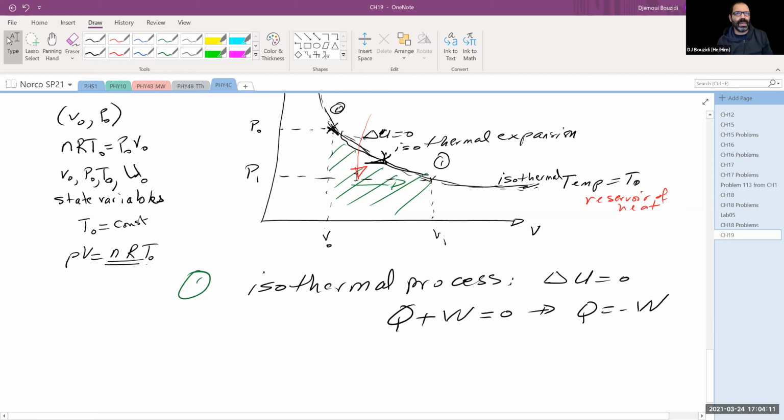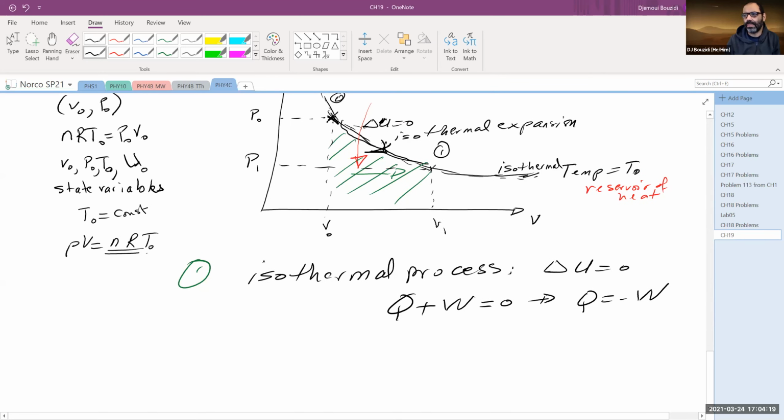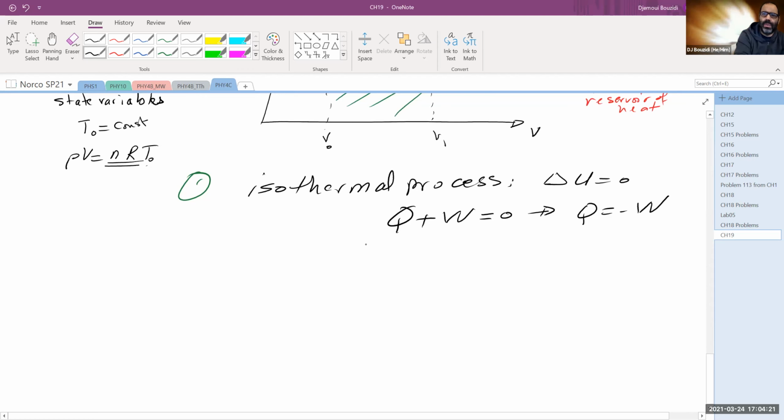So if you want to find exactly how much work is in there, let's find it, because we didn't really calculate that work. Let's find this integral, okay? Remember, the work is equal to negative the integral from V0 to V1 of P dV.